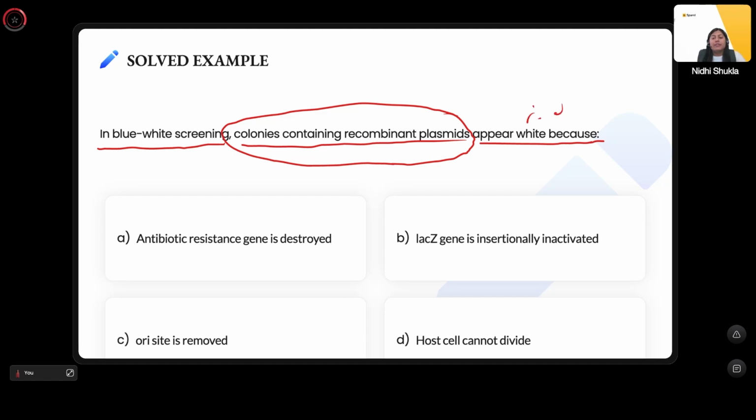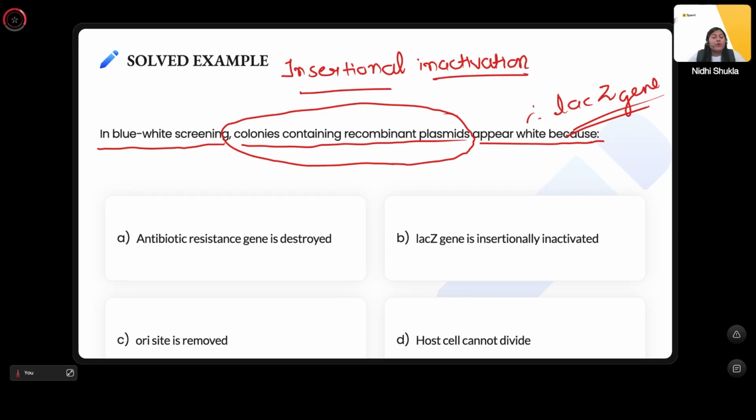Because here the lacZ gene is deactivated, through a process called insertional inactivation, where the insertion of your foreign or desired gene makes the lacZ gene inactive. When the lacZ gene is inactivated, X-gal will not be converted into a blue colored product.